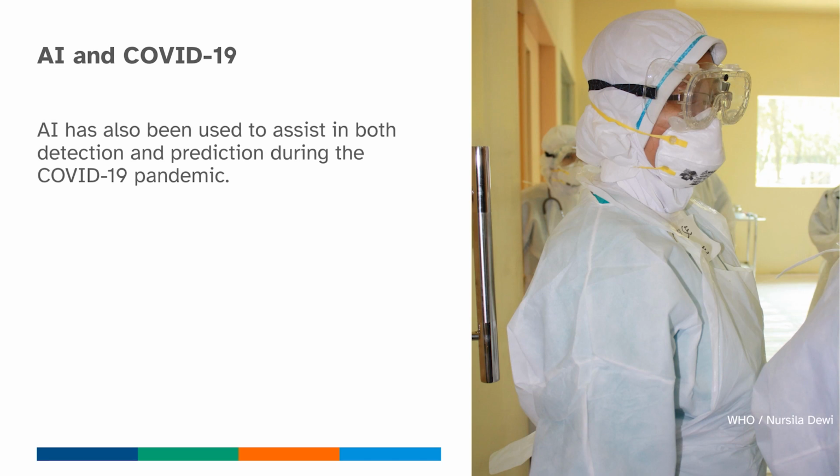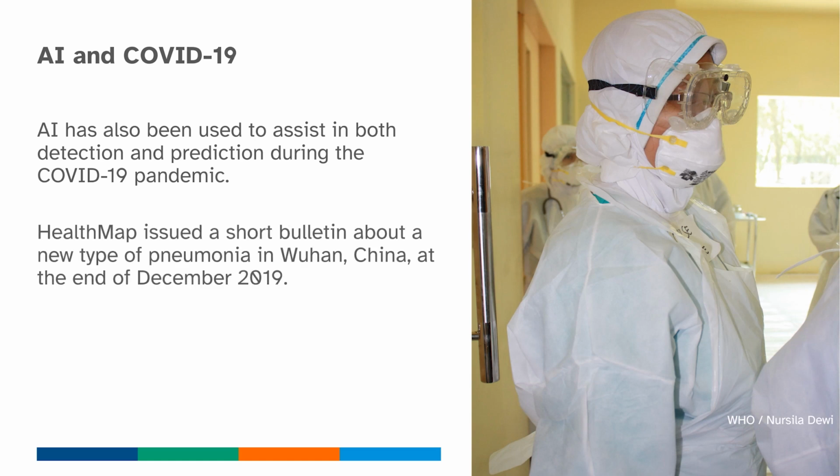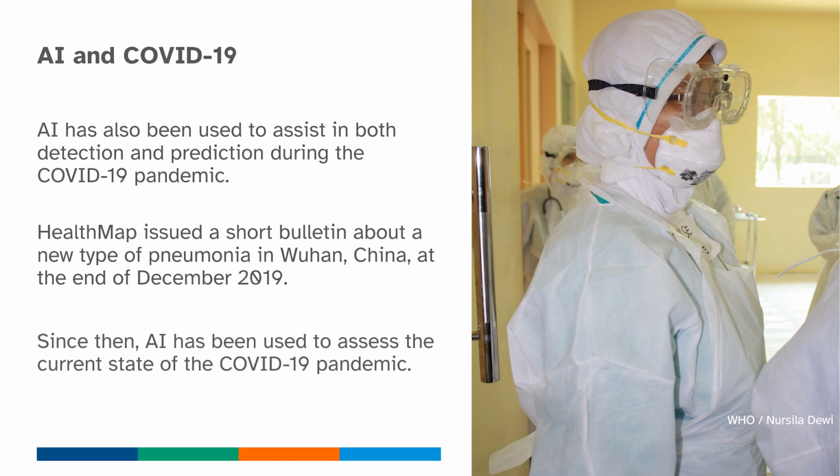AI has also been used to assist in both detection and prediction during the COVID-19 pandemic. HealthMap first issued a short bulletin about a new type of pneumonia in Wuhan, China, at the end of December 2019. Since then, AI has been used to assess the current state of the COVID-19 pandemic.